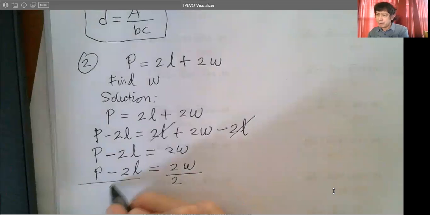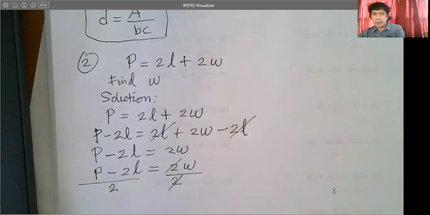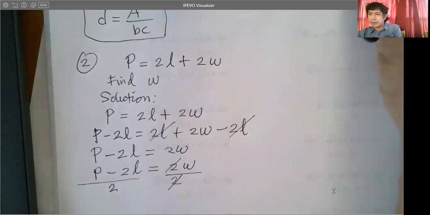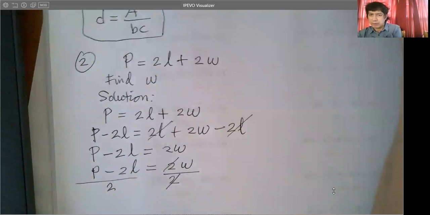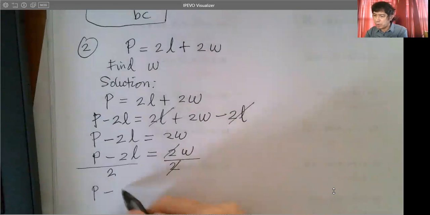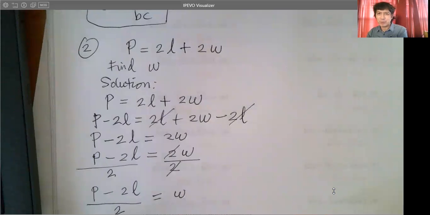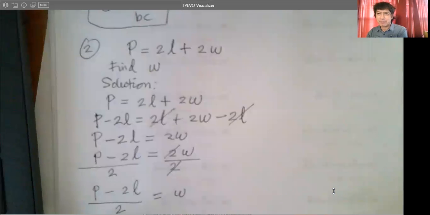And so this 2 cancels out with this 2, and you now have W, and the required equation is obtained. You now have P minus 2L over 2 is W. And that should be the final answer.